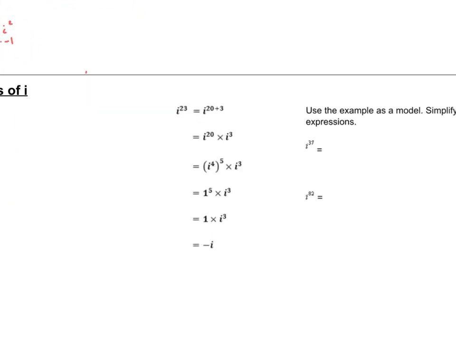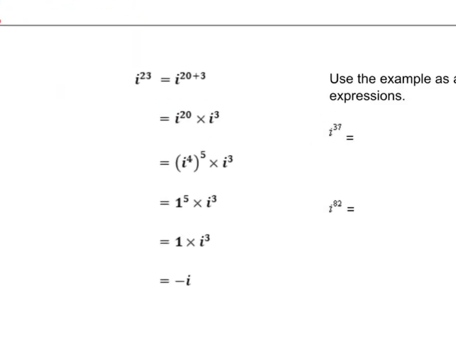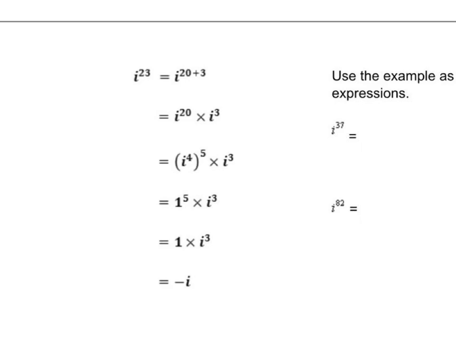So let's take a look. What if you had, say, i to the 23rd power? How would you evaluate that? Well, I can rewrite this as i to the 20th plus 3. I can rewrite 23 as the sum of 20 and 3.